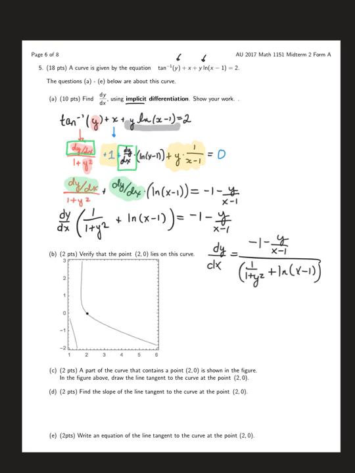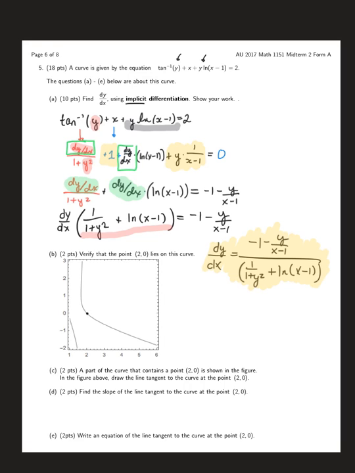And again, all that I did here was divide both sides by this big messy term. Okay, so I did it. I isolated dy dx. And our final answer is all of this.